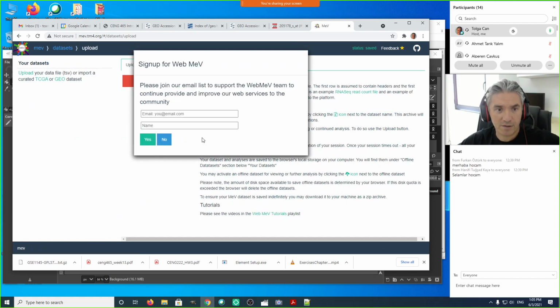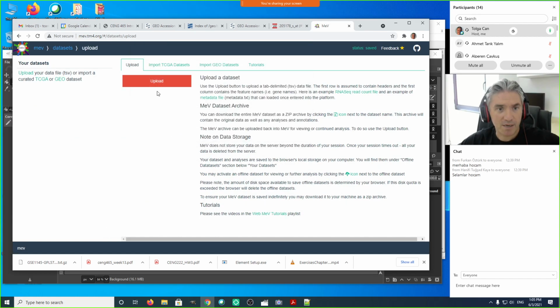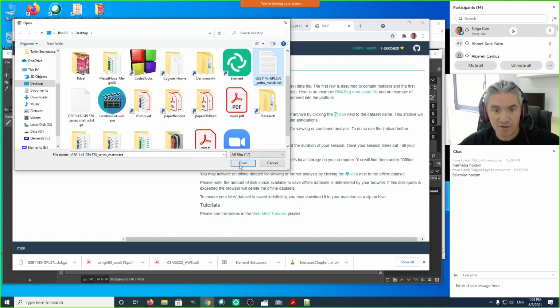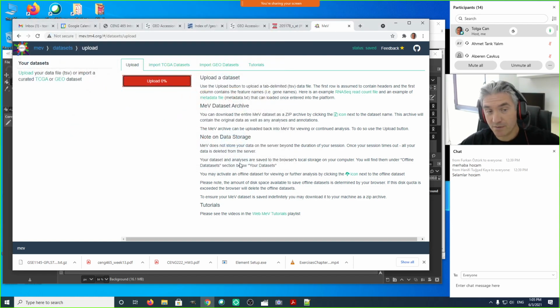I don't want to sign up. Upload a data set, tab separated. When we're uploading a tab separated TSV file, the first row is assumed to contain headers and the column gene names. So let's try to upload this series matrix file directly. Let's see whether it will be able to process this one.